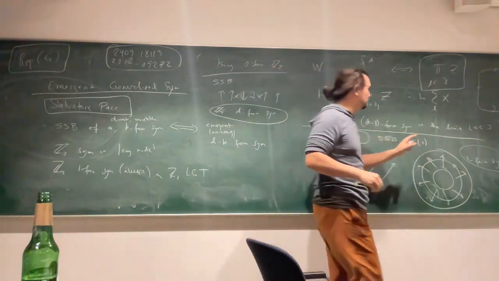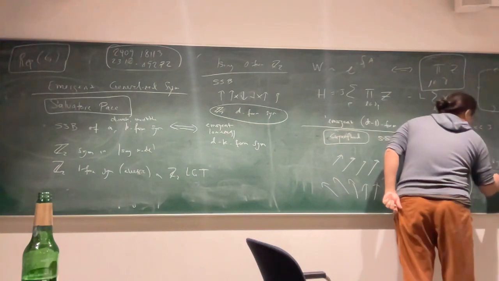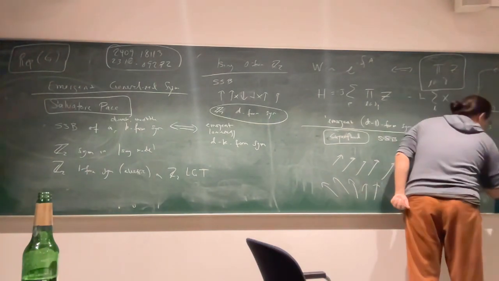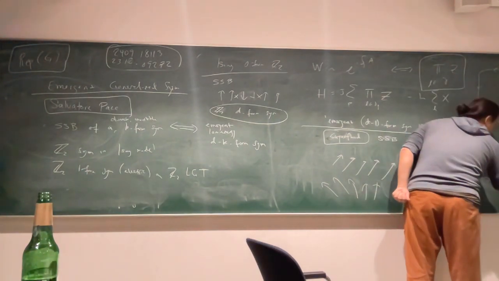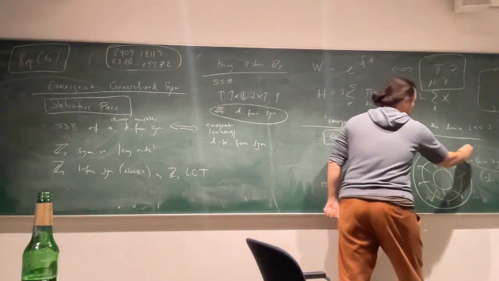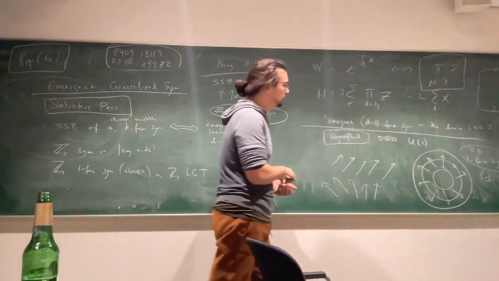So for this continuous group, I actually got not a D-form symmetry, but a D-1 form symmetry. In the case of 2D, it's a one-form symmetry.